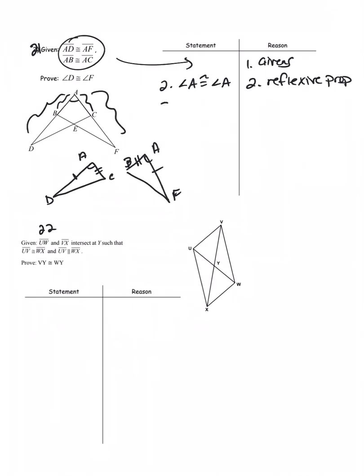And then the 2 triangles are congruent. Triangle ADC is congruent to triangle AFB by side angle side, because the angle is included. And then we just use CPCTC.